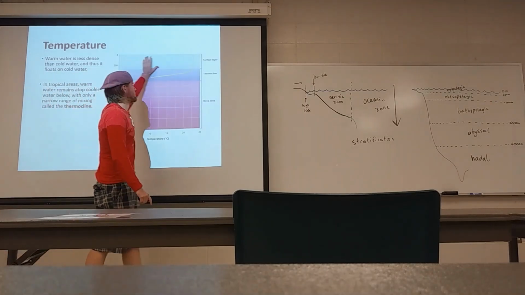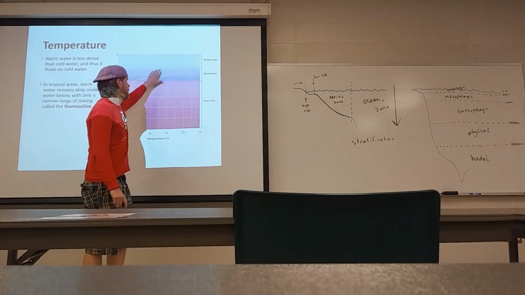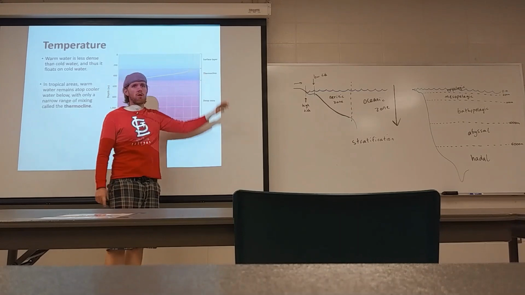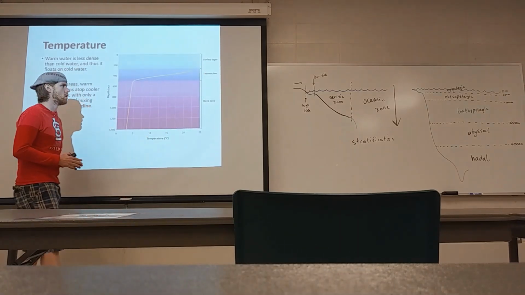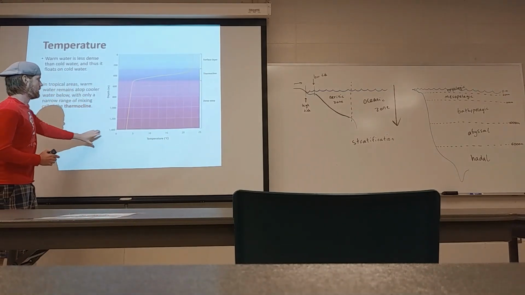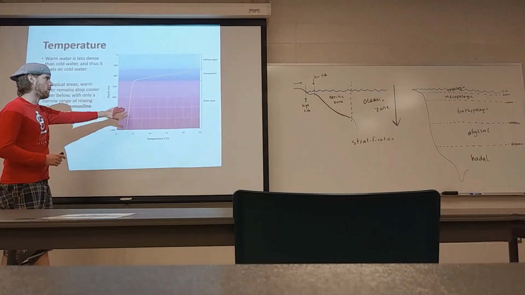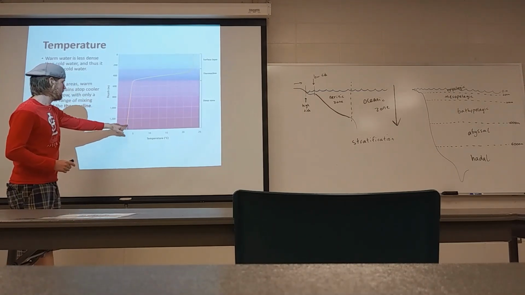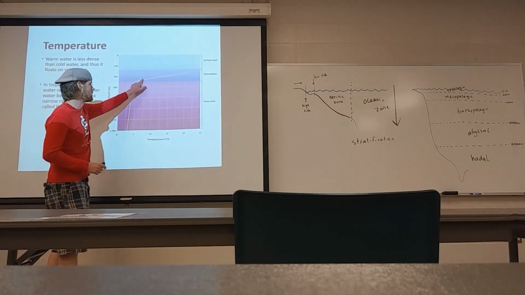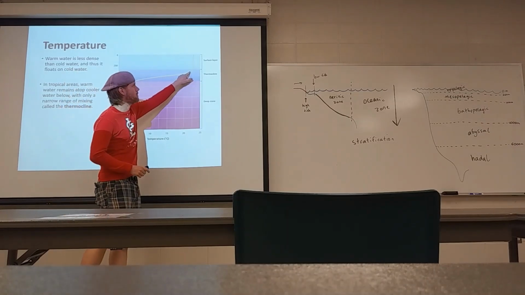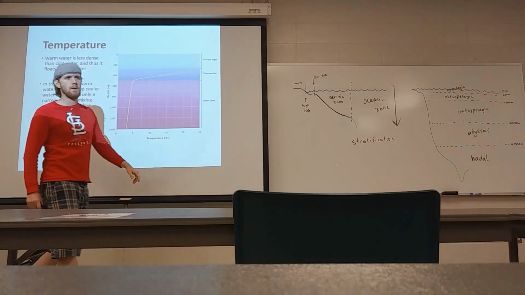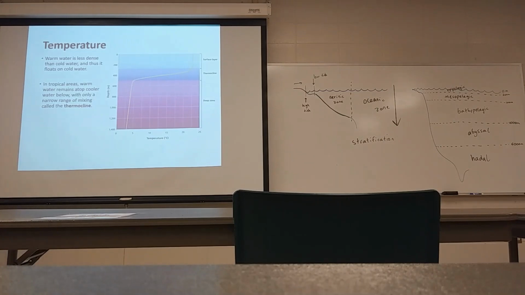You have a warm surface layer, an area of rapid temperature change called the thermocline, and then you have the deep zone where it's very cool. And you can see cool temperatures until we reach the thermocline, around 400 meters. And then we have that warm surface layer of water.